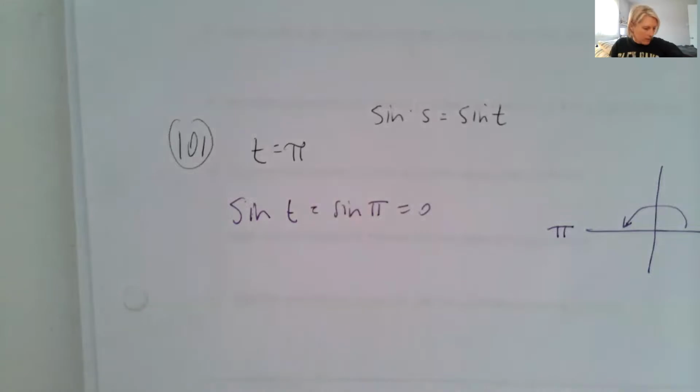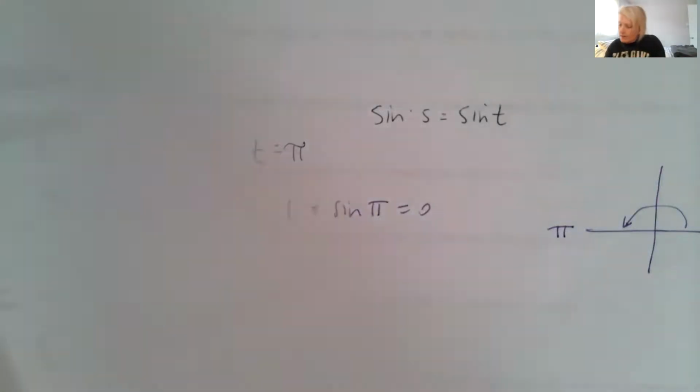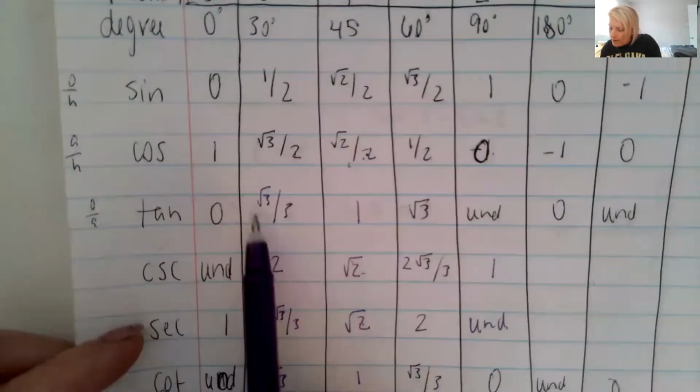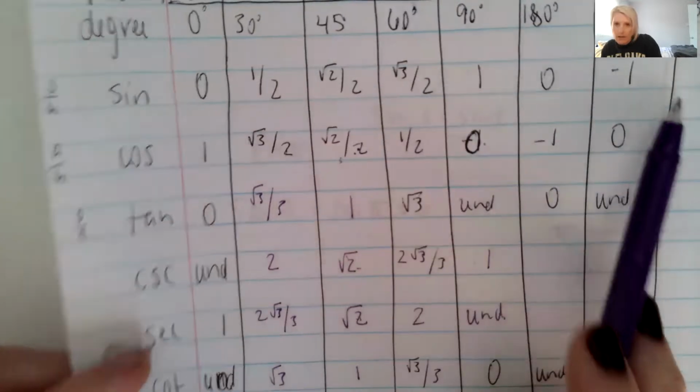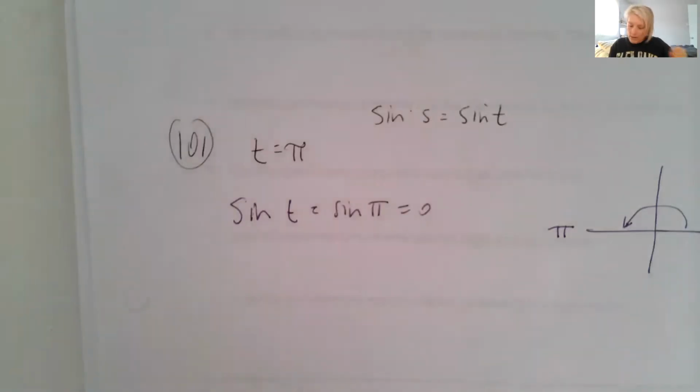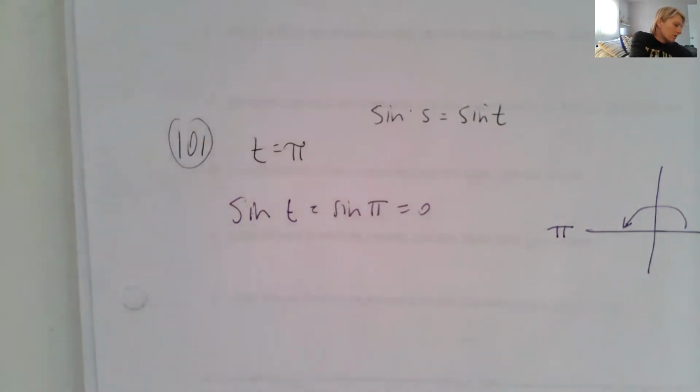So where else is sine 0? It's at 0 and 2 pi. So we could do 0, or we could do 2 pi, because that was an option as well. I don't think it had a restriction. Let's just see what the restriction was.